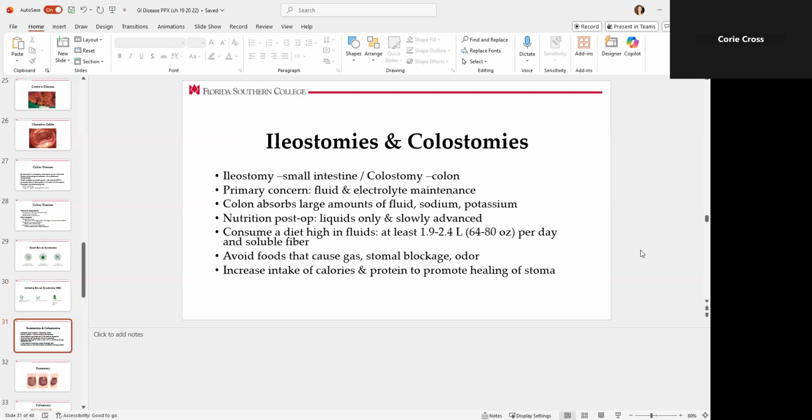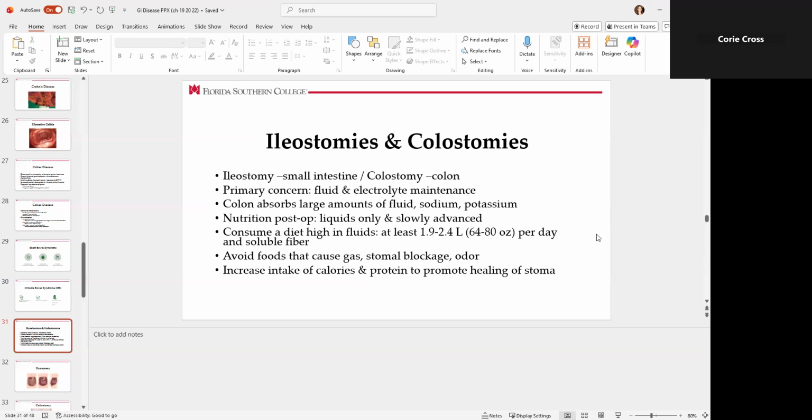Ileostomies and colostomies. These are performed after part or all of the colon, anus, and rectum are removed, usually for treatment of severe inflammatory bowel disease, intestinal lesions, obstructions, or colon cancer. Potential nutrition problems with these patients occur because large amounts of fluid, sodium, and potassium are normally absorbed in the colon.